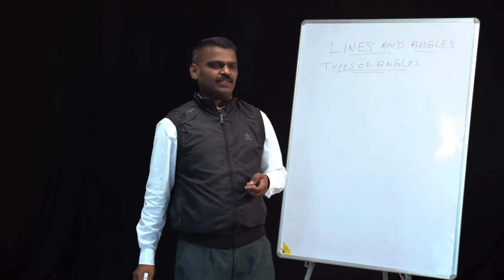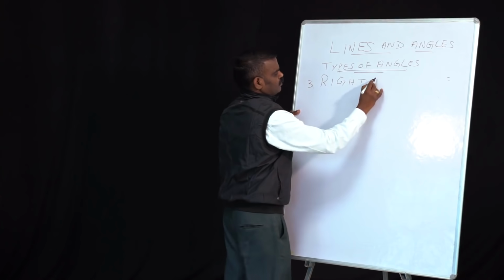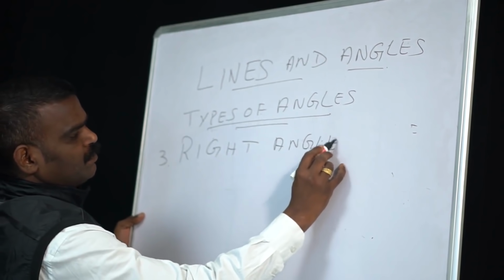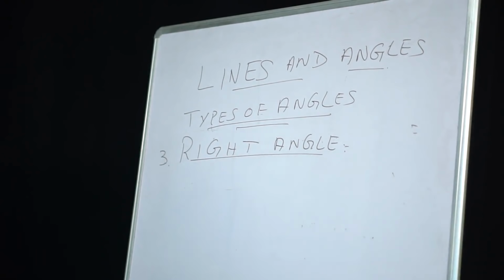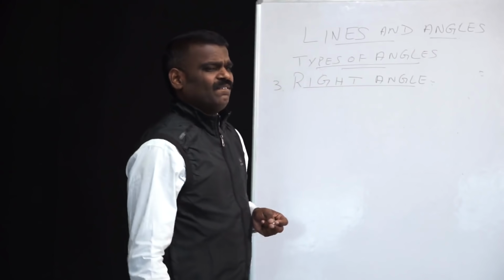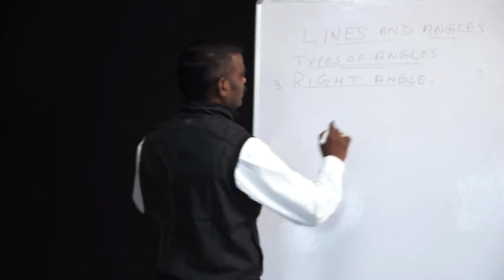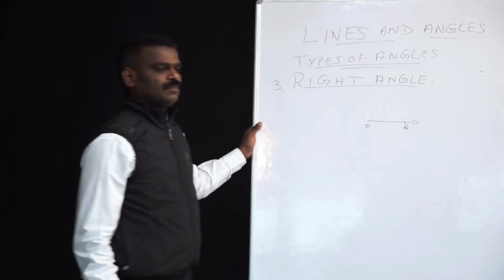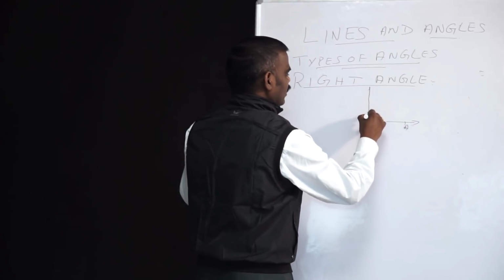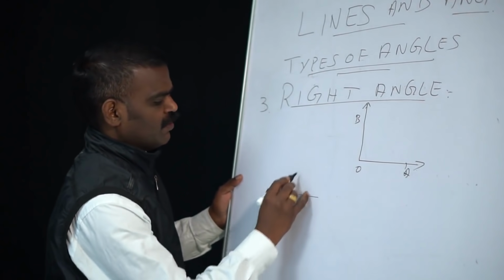Next comes right angles. Right angles. When two rays meet, ray 1 AO, another ray AB, in such a way at perpendicular, that is, this is called the perpendicular symbol, okay?